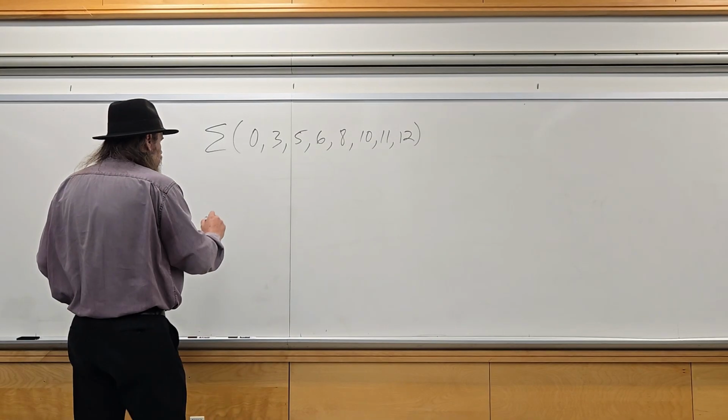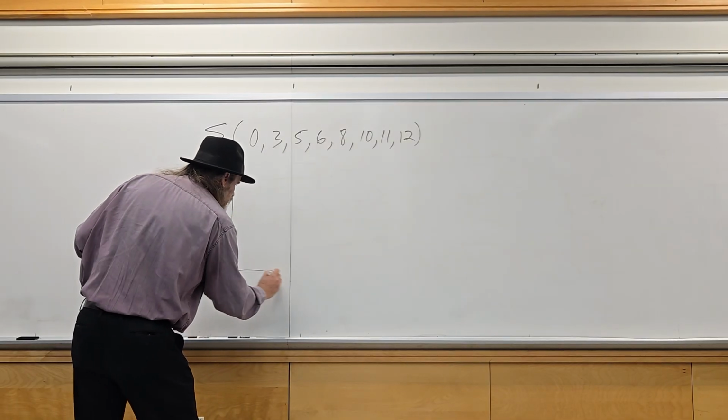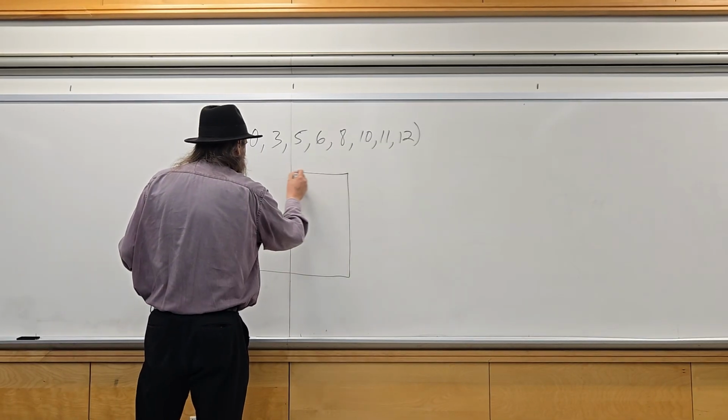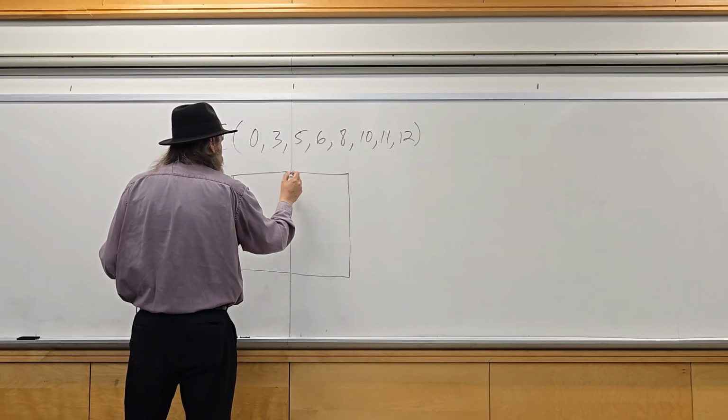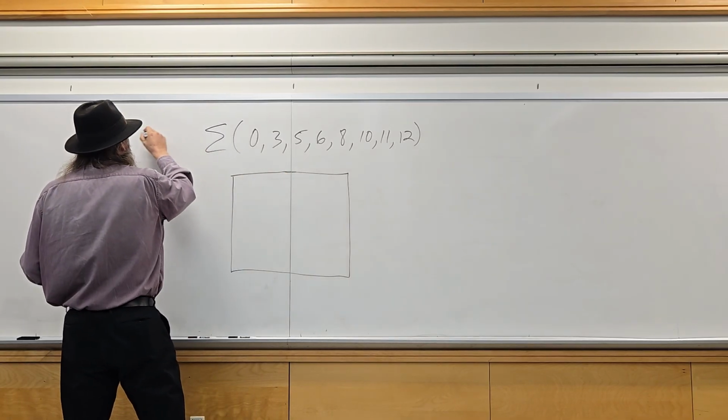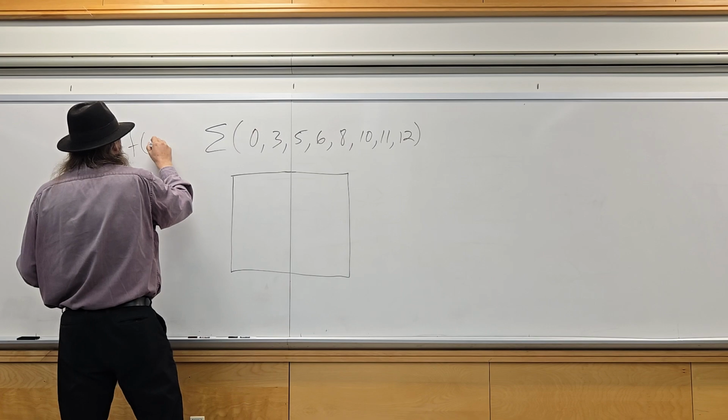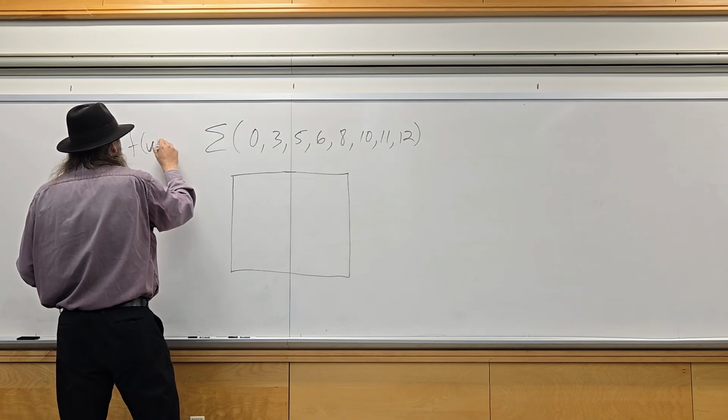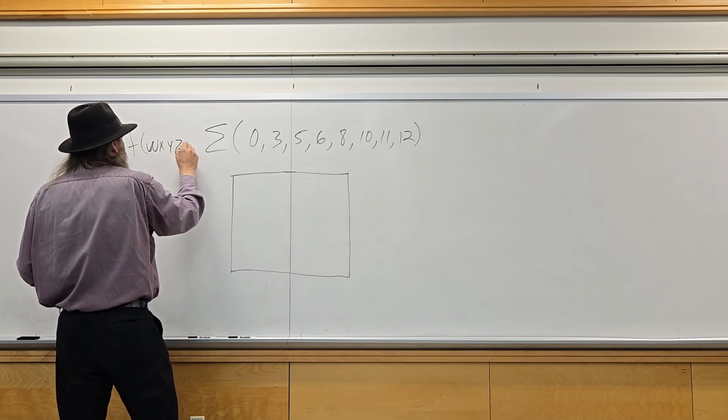So, draw a 4x4 K-map. Let's see, this is f of w, x, y, z.